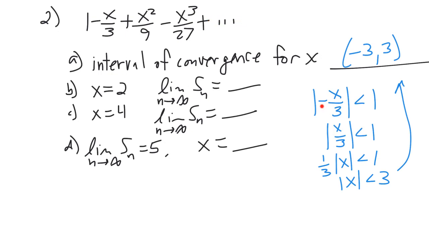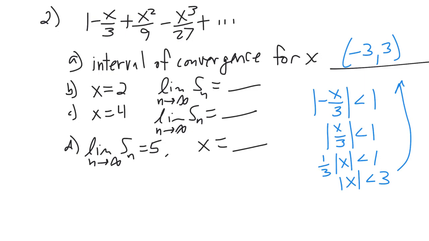And so the absolute value of anything negative becomes positive, and I can pull out my positive 1/3 and multiply it across. So I need to have x's that are between -3 and 3. This x is between -3 and 3, so I will get an answer.